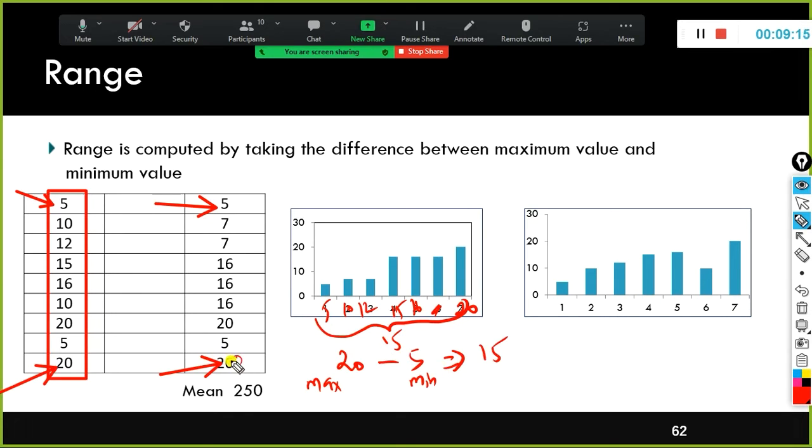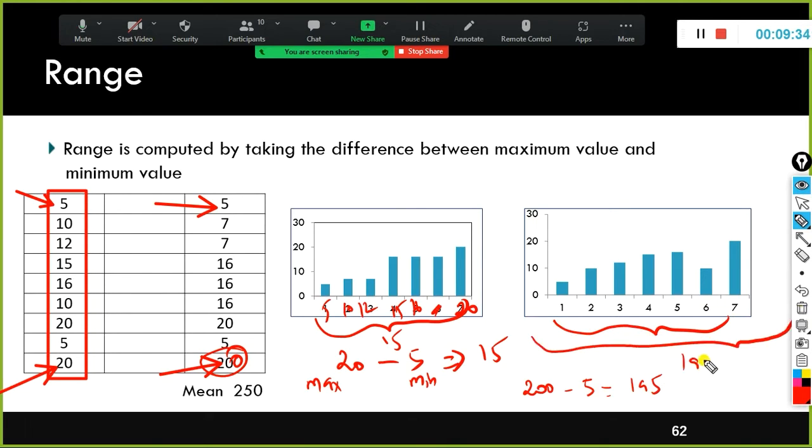And if I put one more 0 here, the maximum value is 200. For this second data set, the maximum value is 200 and the minimum value is 5, so the range is now 195. It tells us that for the second data set the spread is too wide, but it gives us a wrong picture.